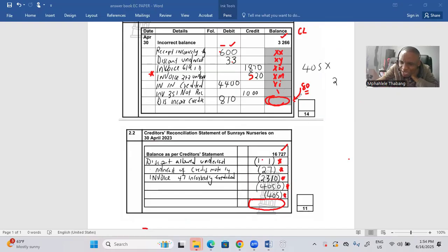If you got 80 there, even here you must get 80. Then we know that the creditors reconciliation statement will be balancing with the creditors ledger.